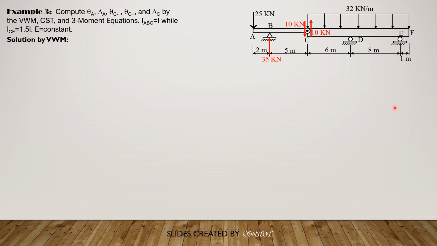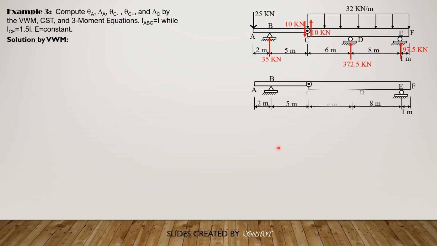So the reaction at E is 97.5, and you can check that the reaction at D is 37.5 by taking summation of moments about E equals 0. Anyway, this is not important because the sectioning of the beams will be such that we do not consider this reaction.